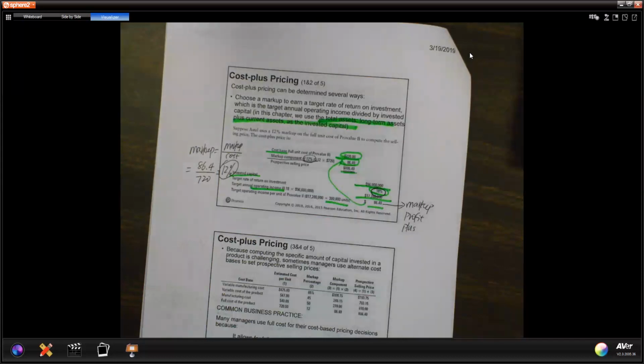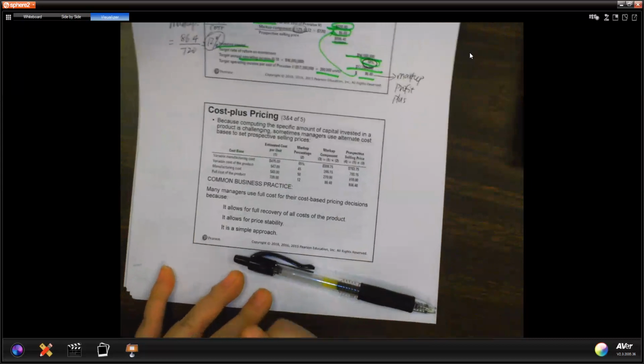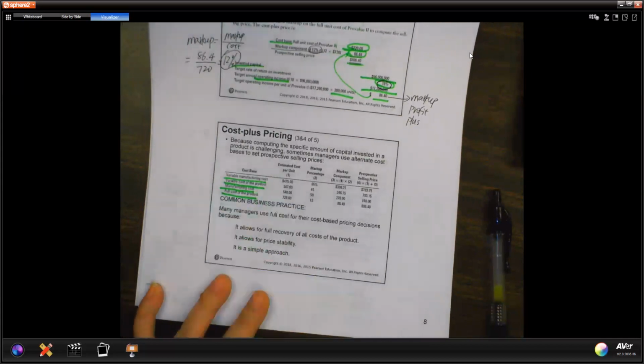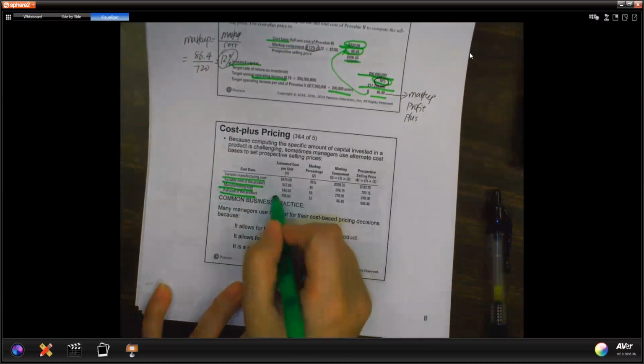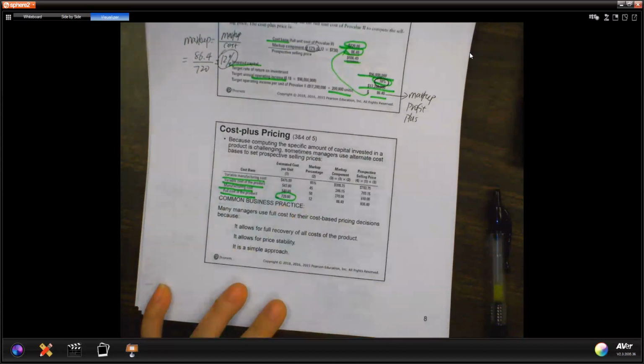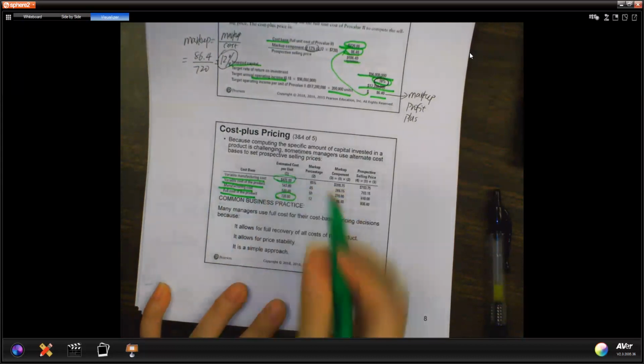And the last thing we said, hey, for the cost-plus pricing, you can have a different cost base. You can use your full cost, you can use manufacturing cost, you can use variable cost, you can use variable manufacturing cost. So we said that the full cost basically will be the highest, right? Because it's full cost. Variable manufacturing most likely is the smallest one. We said that we want the selling price to be around 800.